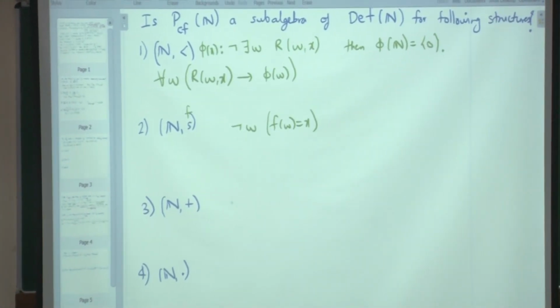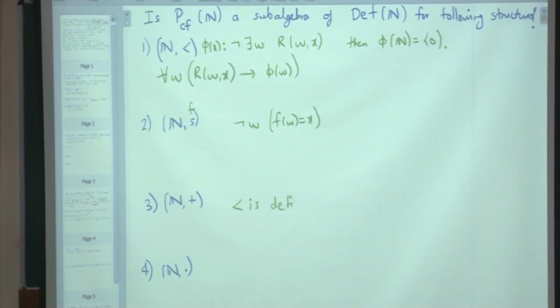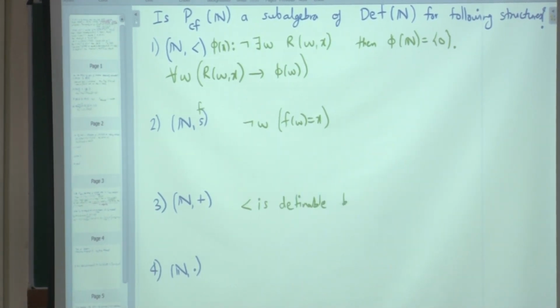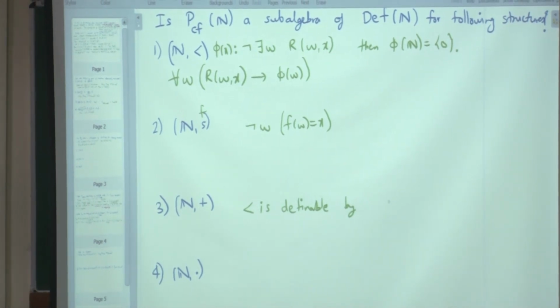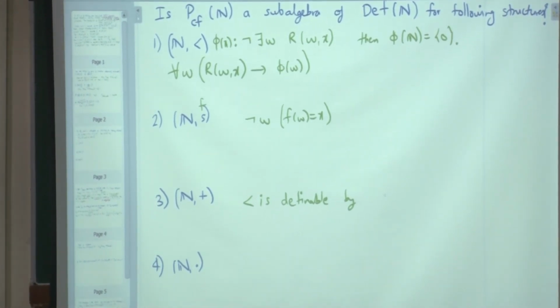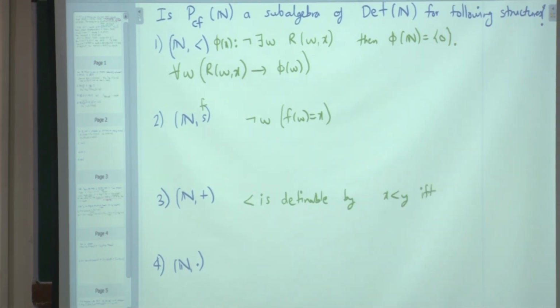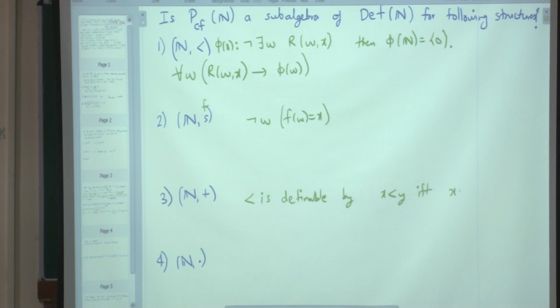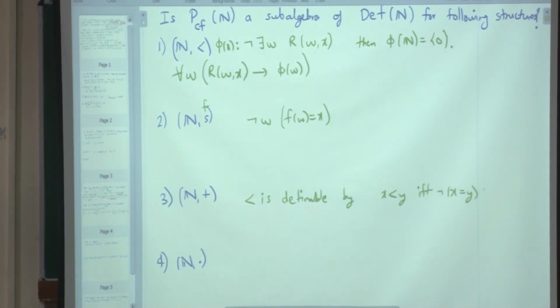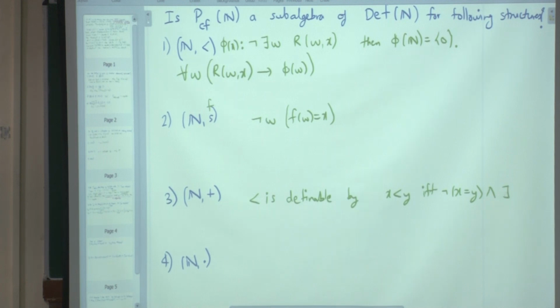Okay, so less than is definable by this formula. x less than y if and only if x is not equal to y, and there exists a W such that, if this is my f, then f of W x is equal to y. This defines less than, and therefore everything that you can do with less than you can do here.